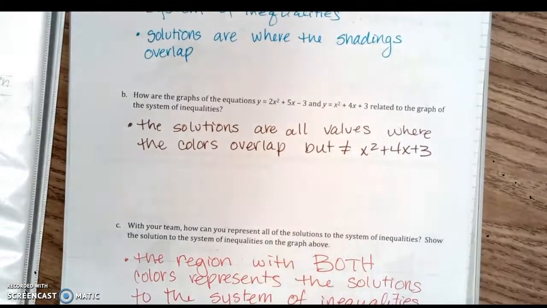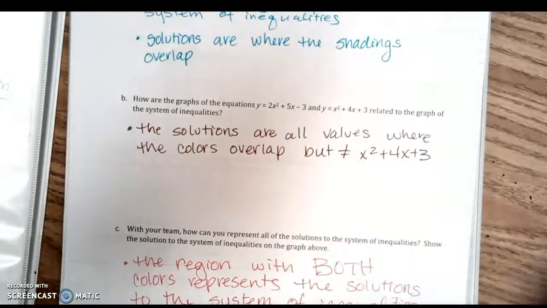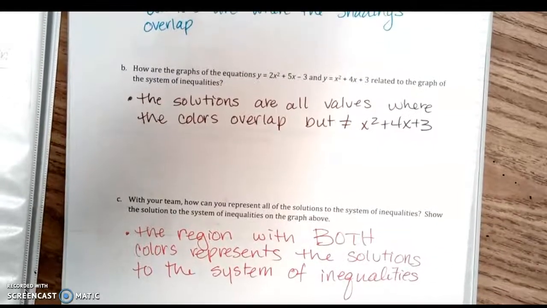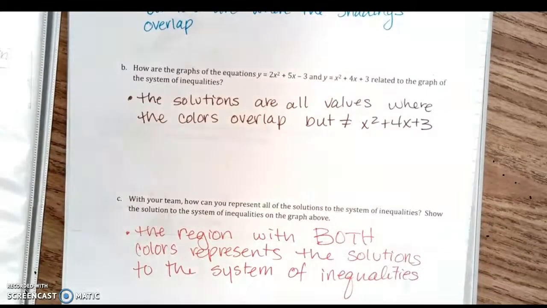Okay. Part C says, with your team, how can you represent all the solutions to the system of inequalities? Show the solution to the system of inequalities on the graph. The region with both colors represents the solutions to the systems of the inequalities.